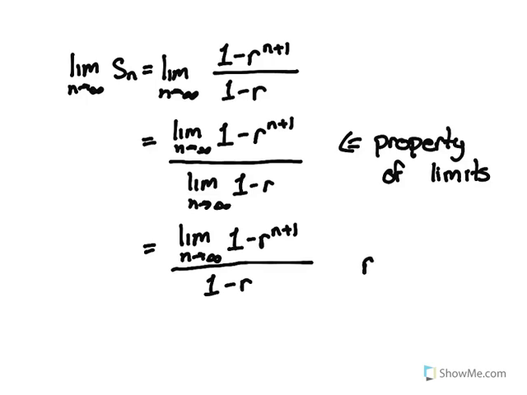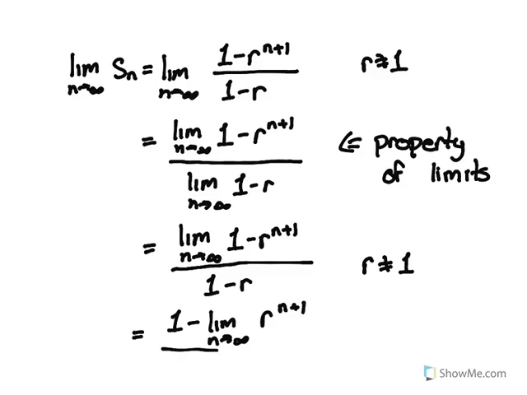Again, this is true for r not equal to 1. Then if we split up the limit in the terms of the numerator, this becomes 1 minus the limit as n goes to infinity of r to the n plus 1, over 1 minus r.